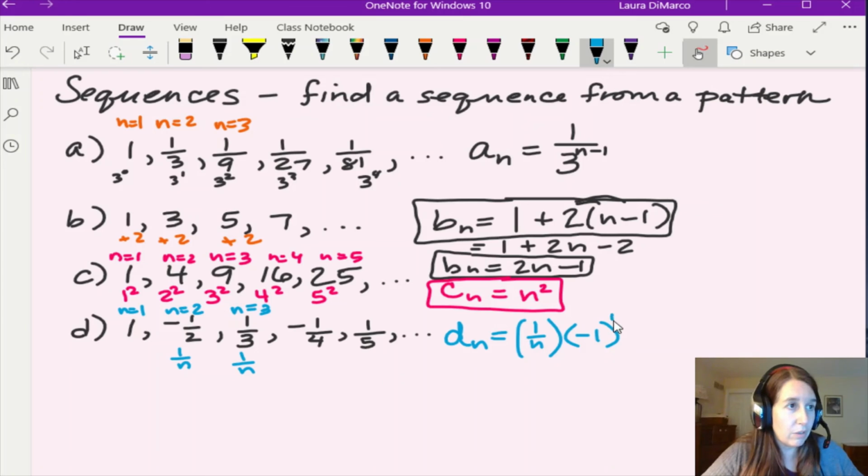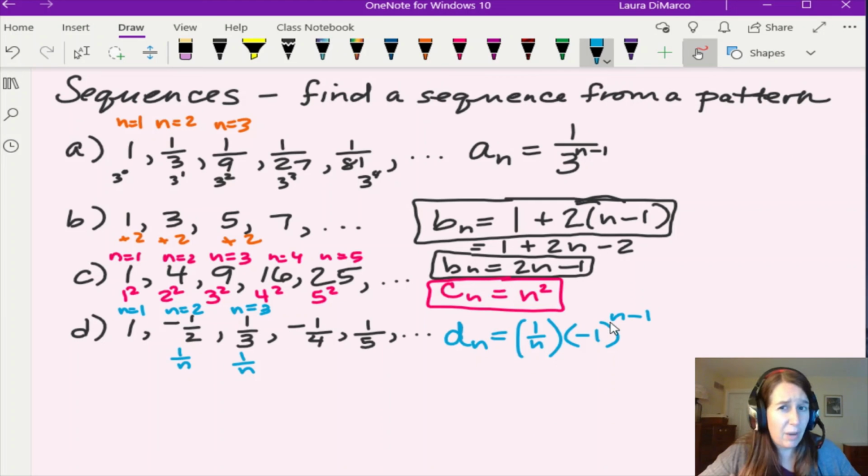So I probably need to raise it not to the nth, because that would be -1 to the first power, so that would be negative there. I don't want to do n minus 1, I don't think, because then the first term won't work. Because then that would be 1 minus 1, that'd be to the 0 power, and anything to the 0 power, oh, that could work actually. Anything to the 0 power is 1 instead of -1. So then, yeah, that would work.